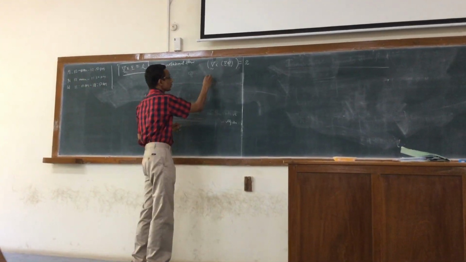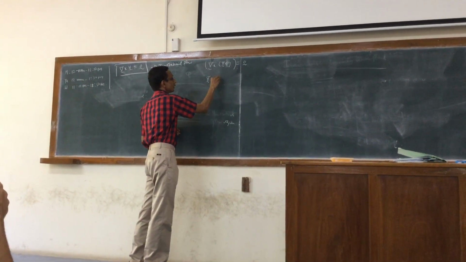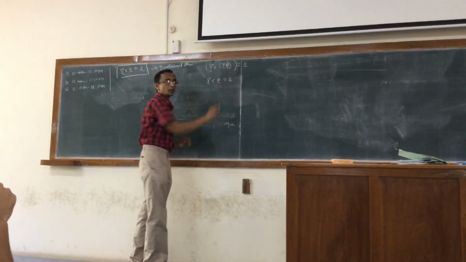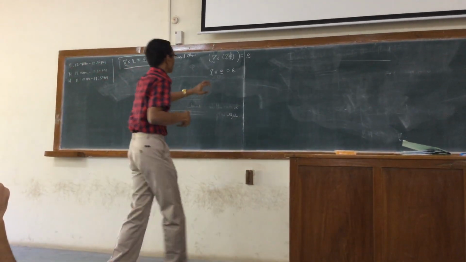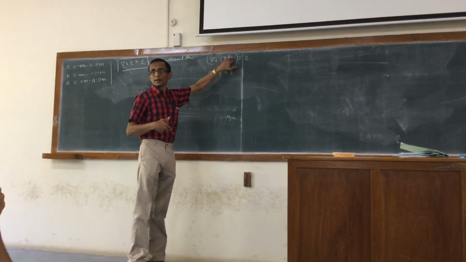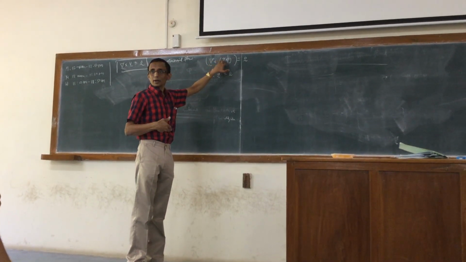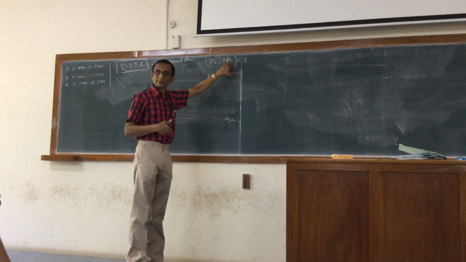Now you can also show the converse. If that vector is the gradient of a scalar, then showing that the curl of that vector is 0 is very easy.